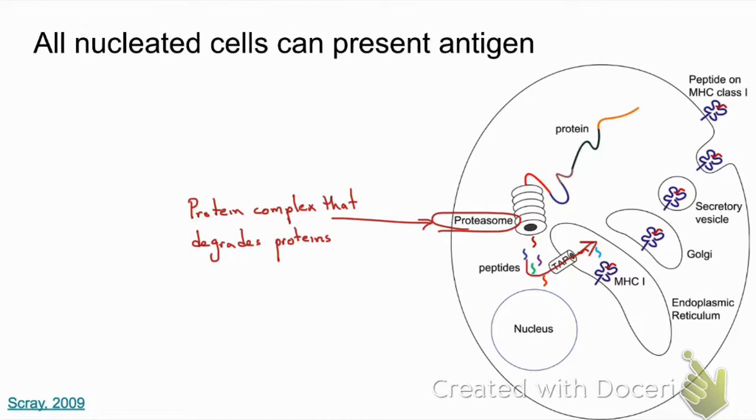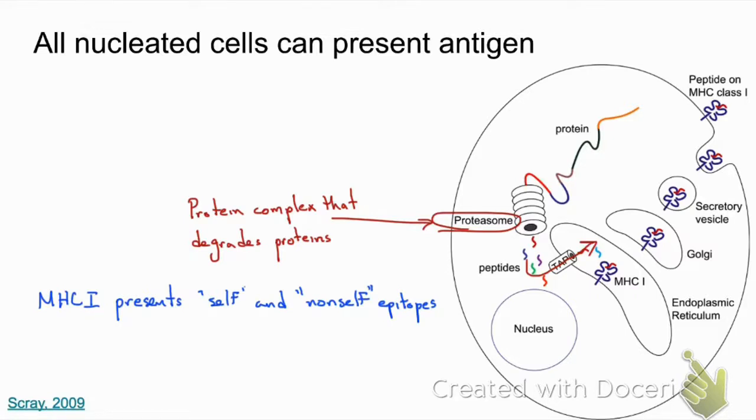Now, one of the things that's really important to note here is that MHC1 presents both self and non-self epitopes. And so this is really important because we have to train our body not to react to itself. And that is something we're not going to go into great detail with, but is a conversation that we'll briefly address when we talk about T cells.